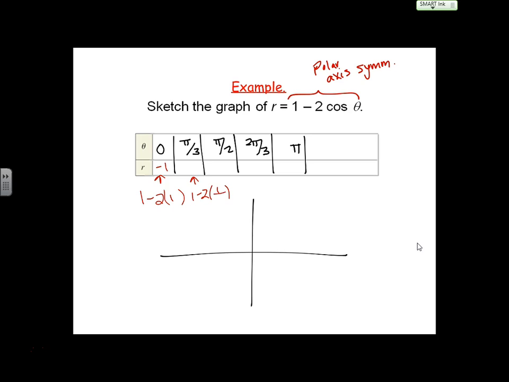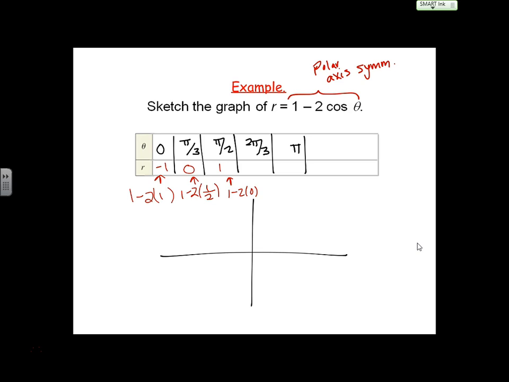So we have, what's 2 times 1/2? What's 1 minus 1? Hey, we found a 0 already. Okay, what's cosine of pi over 2? 0. Yeah, cosine is 0. So 1 minus 2 times 0 is going to be 1.